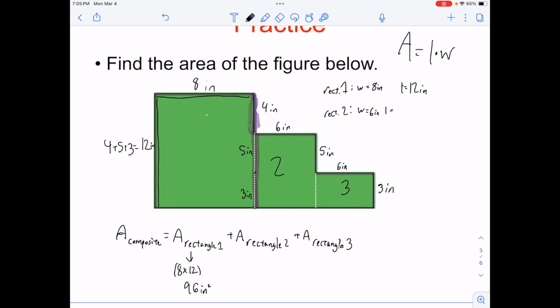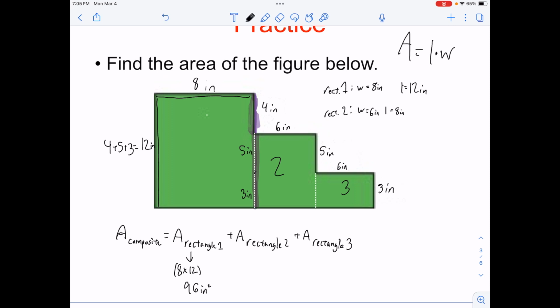Now I need my length, which is this measure right over here, but just for this rectangle. So from here down to here, I just need this part right over here. Just need that side and only that side, this length from here to here, which is just 5 plus 3, which would be 8 inches.